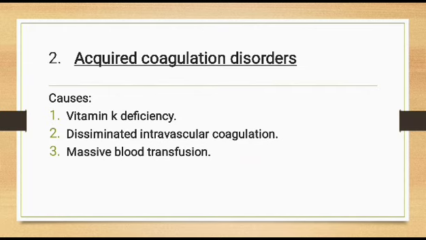So when you give massive blood transfusion, you will dilute the factors inside the recipient's blood. Liver disease, because the liver is responsible for synthesis of some of the coagulation factors. And uremia, it may interfere with the coagulation cascade.